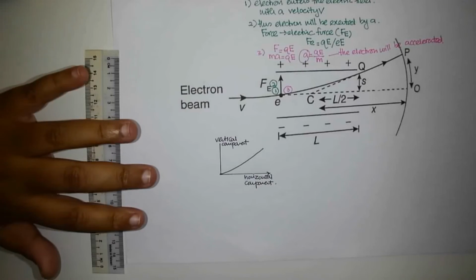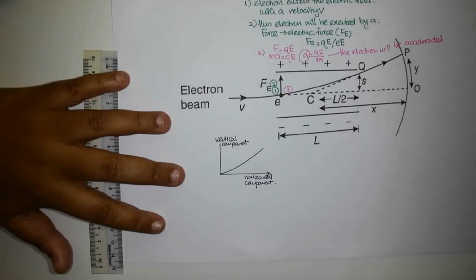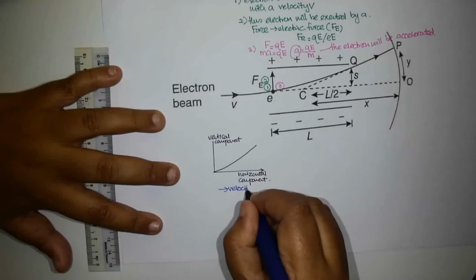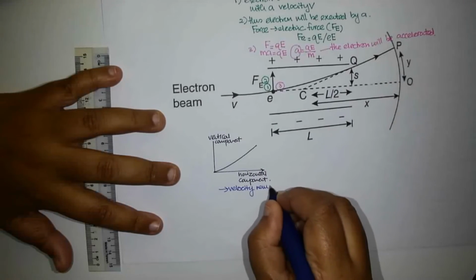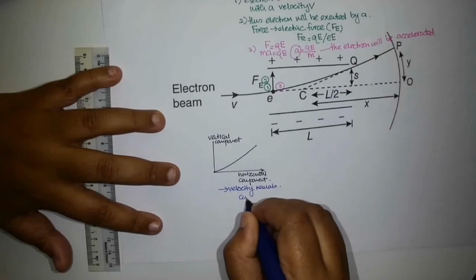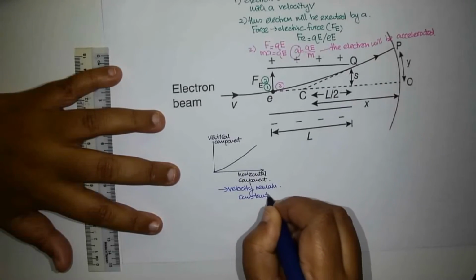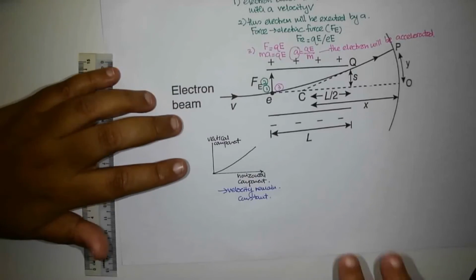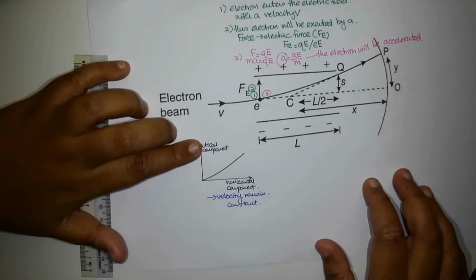In the horizontal component, the velocity always remains constant. I think everybody knows that concept in projectile motion. The one that will be changing is the vertical component. Why?